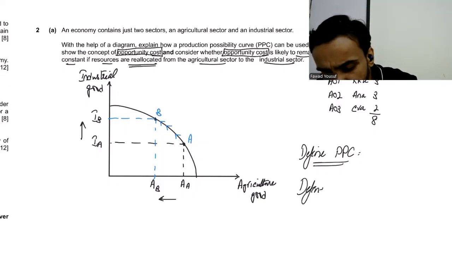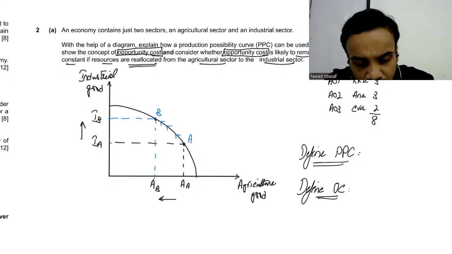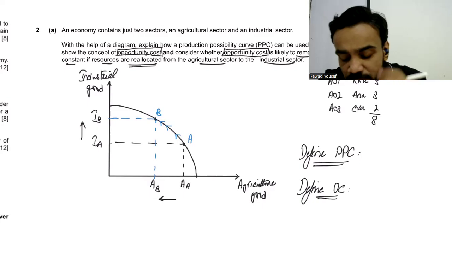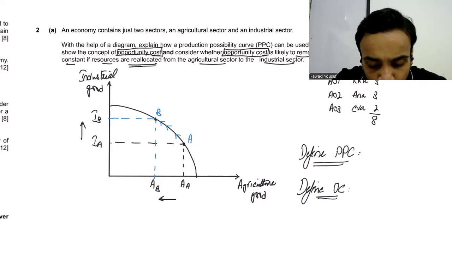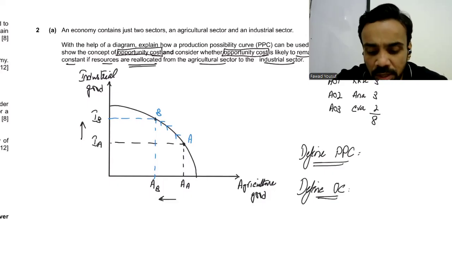I would even do this. Although the definition is very simple, I think there will be a mark for this. कि opportunity cost क्या होती है? Opportunity cost is the next best alternative forgone. But then we want to show it through the explanation of this diagram.